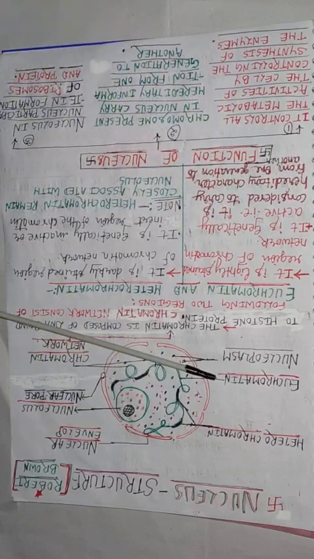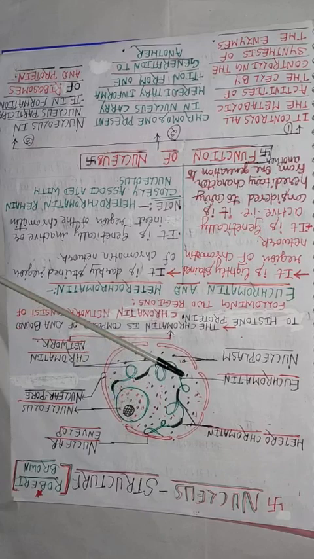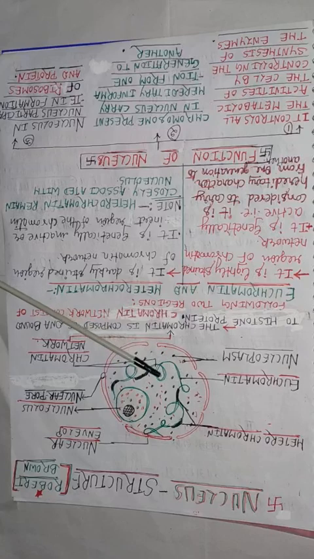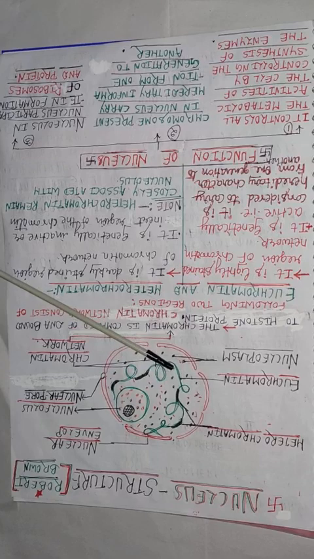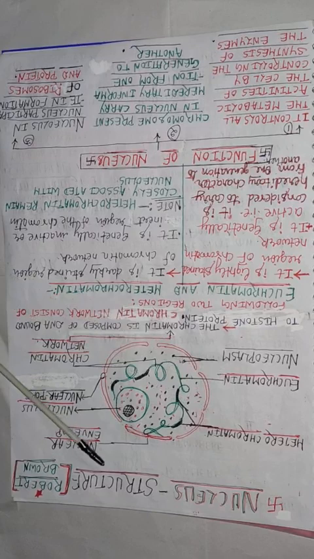Student, euchromatin is the lightly stained region of the chromatin network which is genetically active. It is considered to carry hereditary character. Genetically active means what, children? It is considered to carry hereditary character from one generation to another.